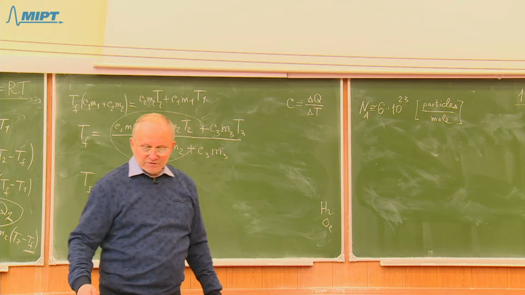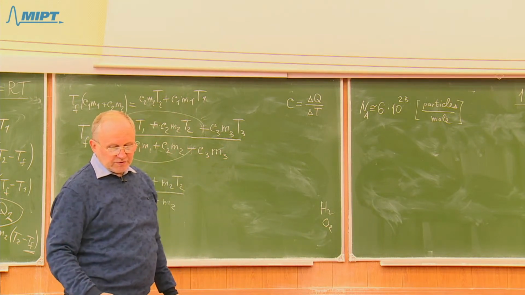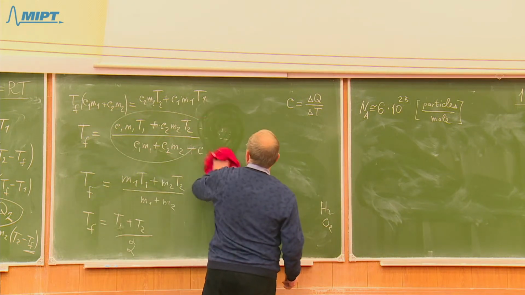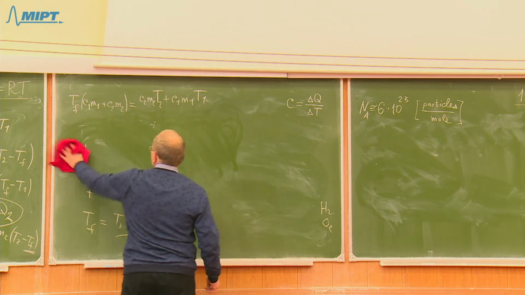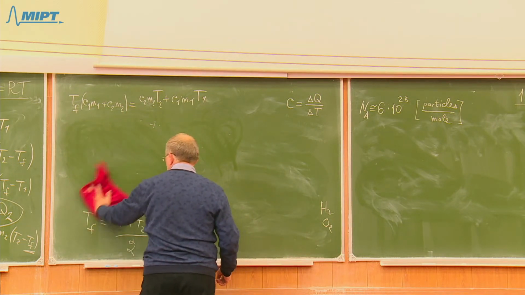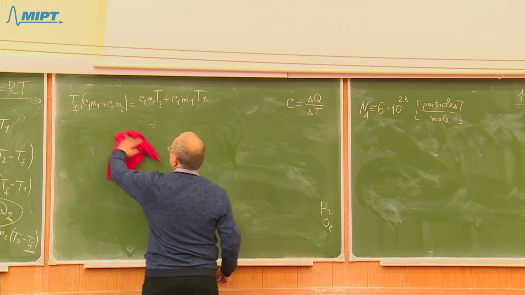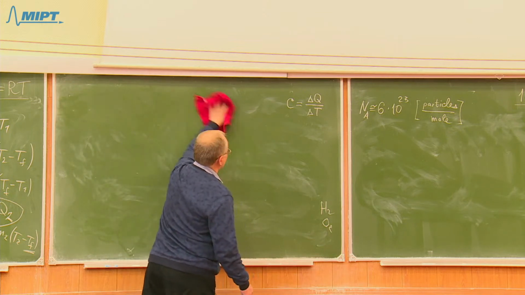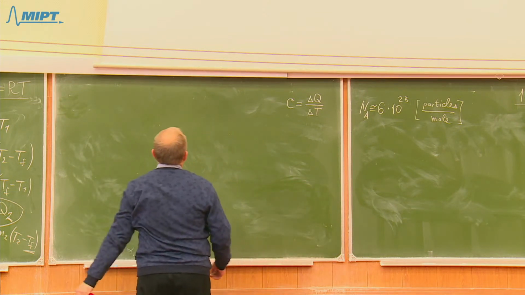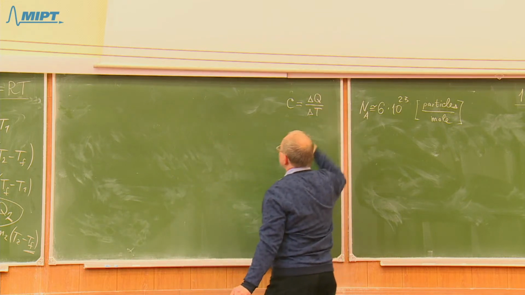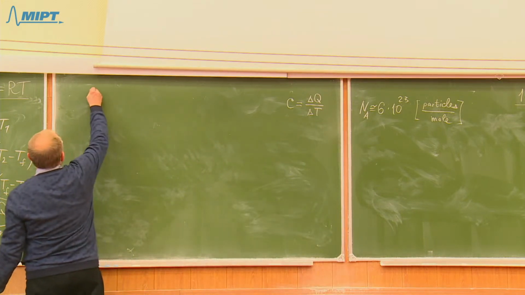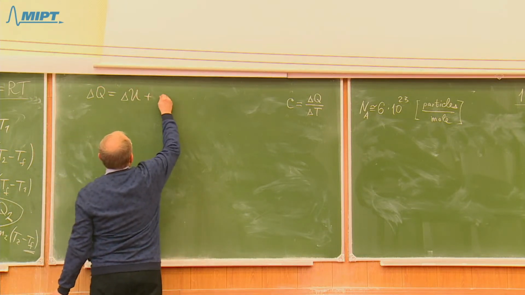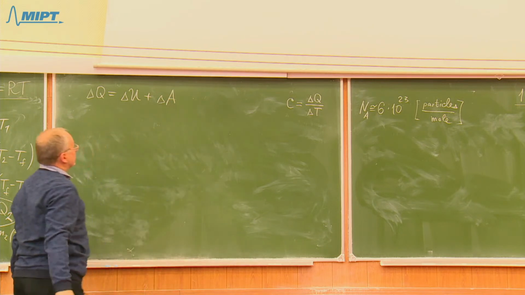So if we have this definition of a heat capacity, then we can use the energy balance equation, which I have already written here, the energy balance for an ideal gas, which relates the amount of heat transferred to the gas with the change in internal energy and work produced by this gas.